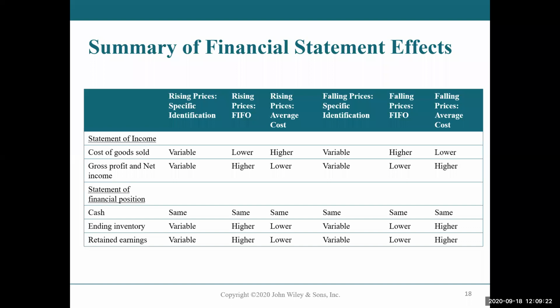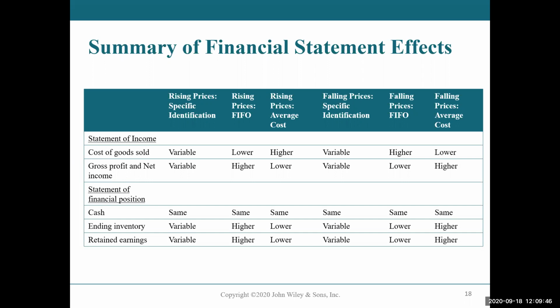But let's say we are talking about rising prices and first in, first out. As we were saying earlier, because it's first in, first out, anything that is not sold is coming from your most recent purchases, and that becomes part of your ending inventory. So your ending inventory number is higher if the prices are increasing.